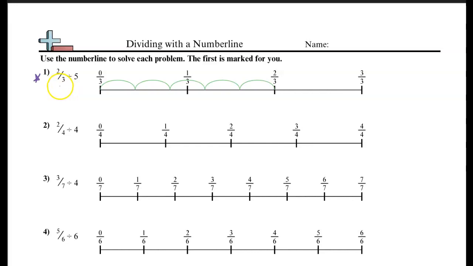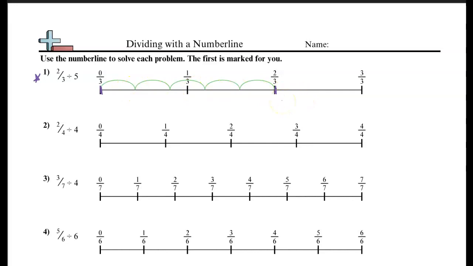2/3. This is more difficult than the last one because 2/3 is not a unit fraction. But we're going to do this pretty similar to how we did the unit fraction, so bear with me. We're looking at 2/3 divided by 5. Now, you might make a connection with how this picture is already drawn, saying, all right, from 0 to 2/3, we cut it into 5 pieces.